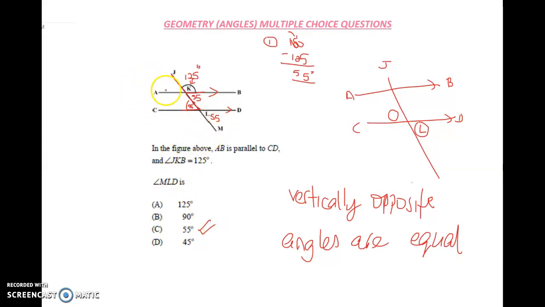Alright, just to go over, first thing we did was notice that angles on a straight line add up to 180. So if this is 125 on top here, therefore 180 take away 125 will give me the 55 degrees here. Then we just learned the Z rule, alternate angles. So this is 55 here, and this is 55 here. And the last rule we just learned is vertically opposite angles are equal, right? Very simple.